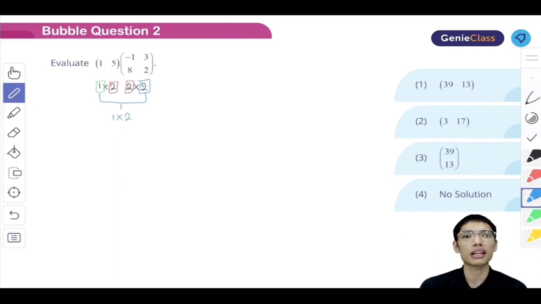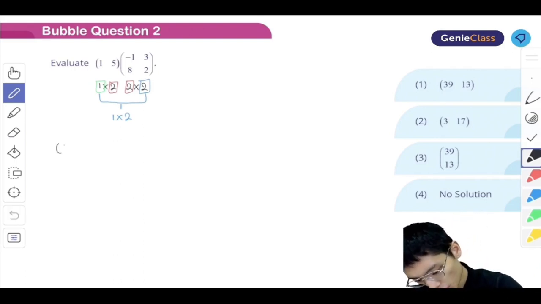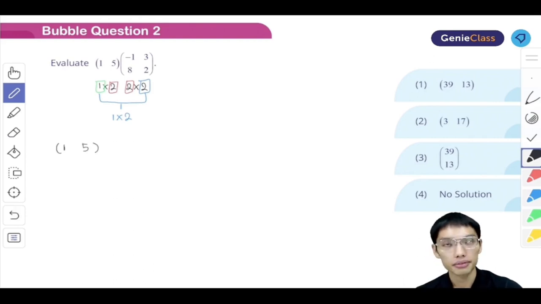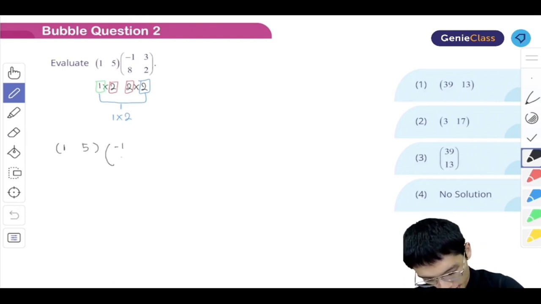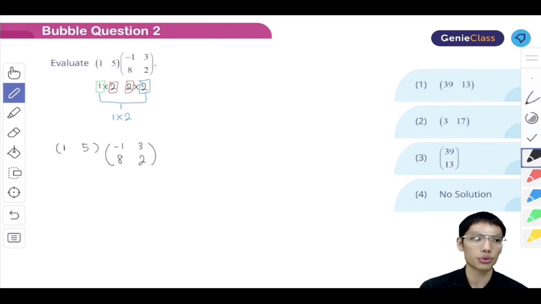That's right, Ziying, perfect. So what can we do? Now that we know there is a certain order to multiply, how do we make sense of this multiplication? Write it up: 1, 5 and negative 1, 8, 3, 2.